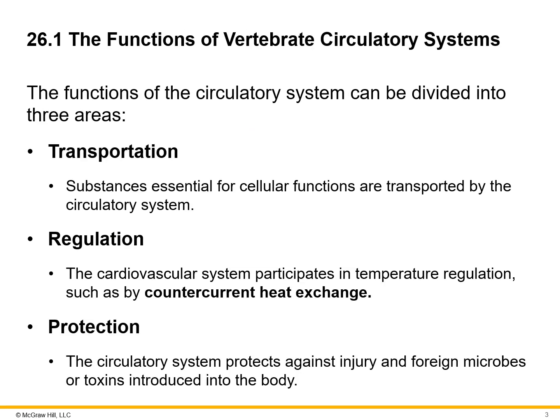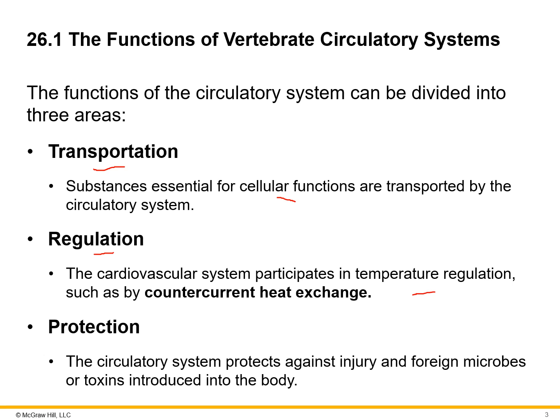So in vertebrates, the circulatory system has three main functions. Transporting, so that's providing nutrients and gas exchange of substances essential for cellular functions are taken there by the circulatory system. It's also very important in regulation, so temperature regulation, particularly using the countercurrent heat exchange.